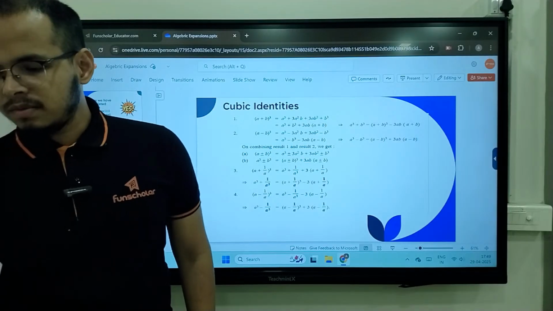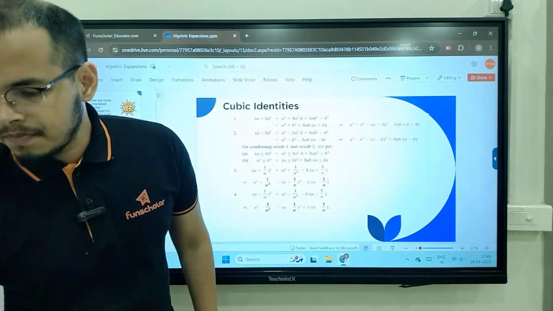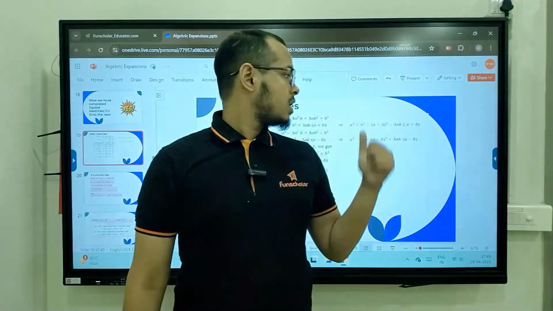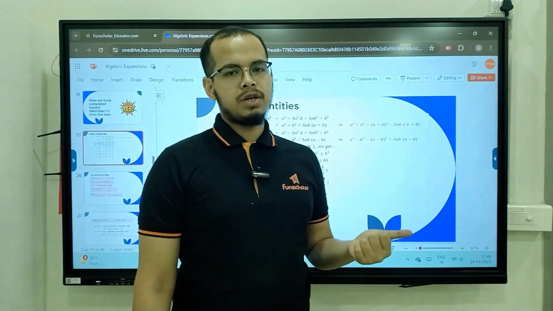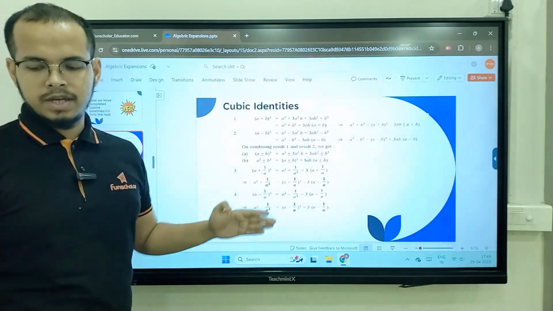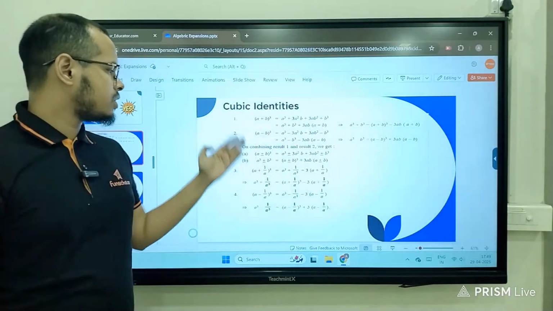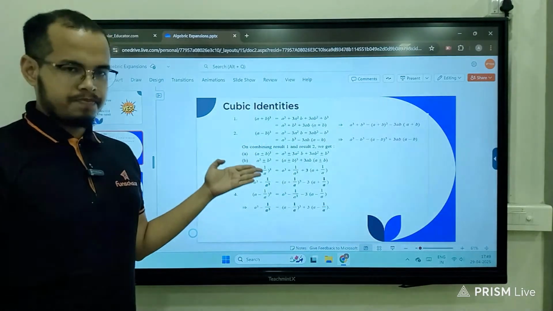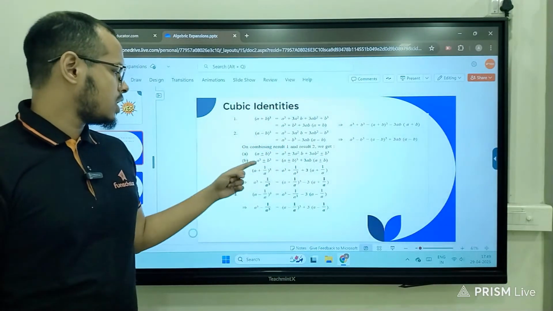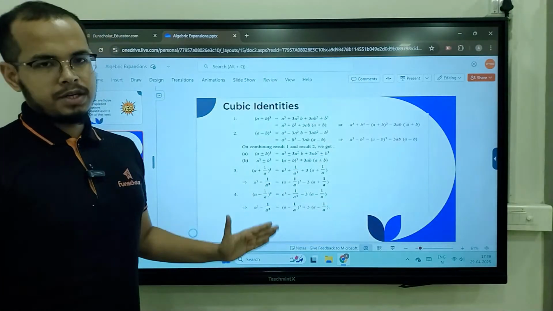As we have already started off with this chapter, a few things are required for us to understand, like why cubic identities are necessary. Firstly, these are all the parts that we have to understand in this chapter: (a plus b) whole cube, (a minus b) whole cube, a plus and minus b combining the same result, where we get two different formulas, and finally a plus 1 by a and a minus 1 by a.